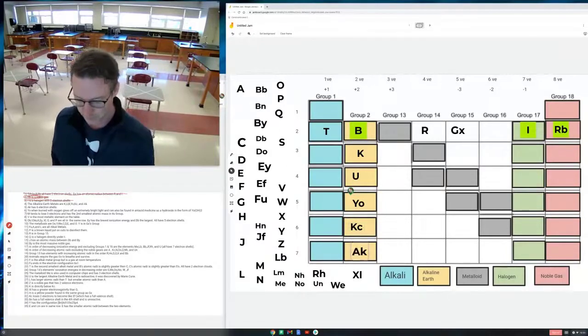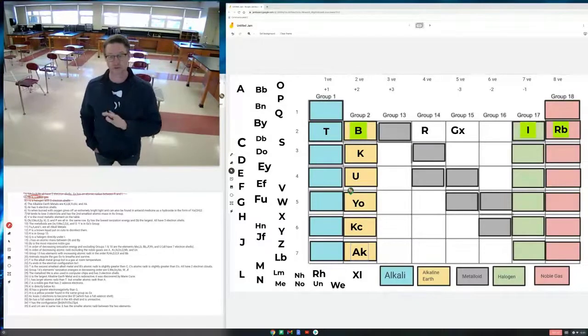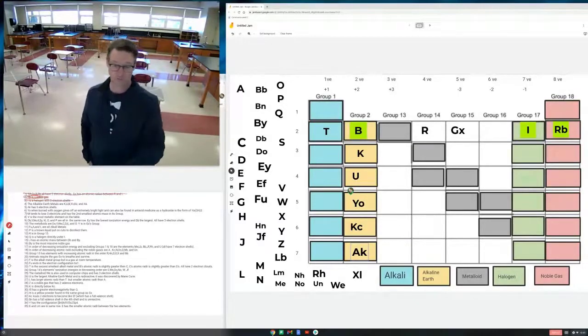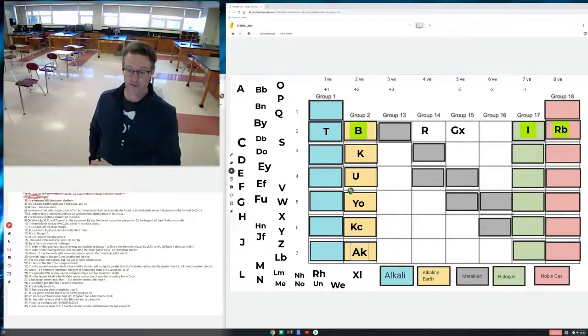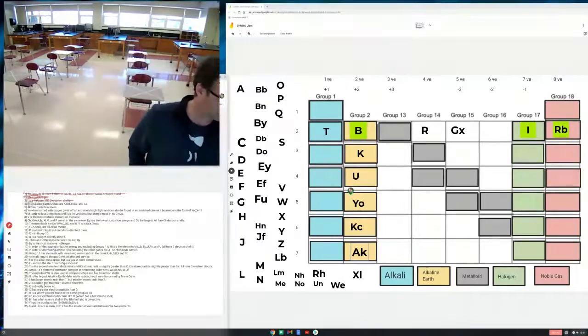Okay, so those I know are in that column because they're alkaline earth metals, but other than B so far, I don't know the order that they're going to go in exactly. Okay, so that takes care of that clue.